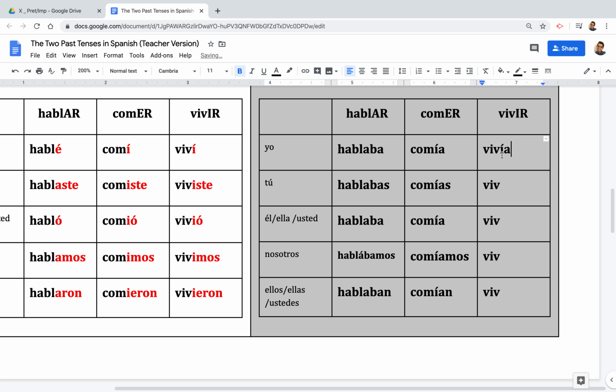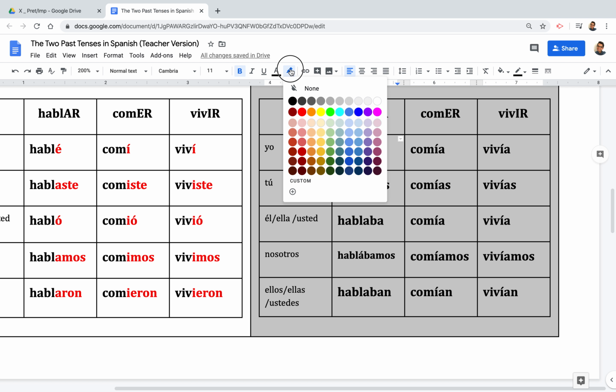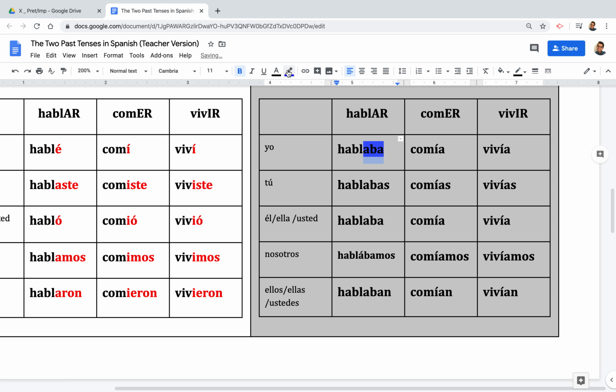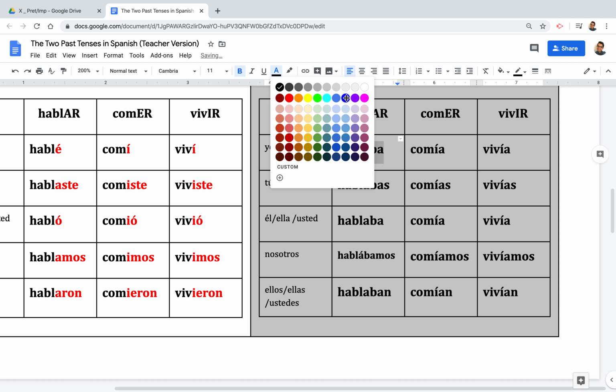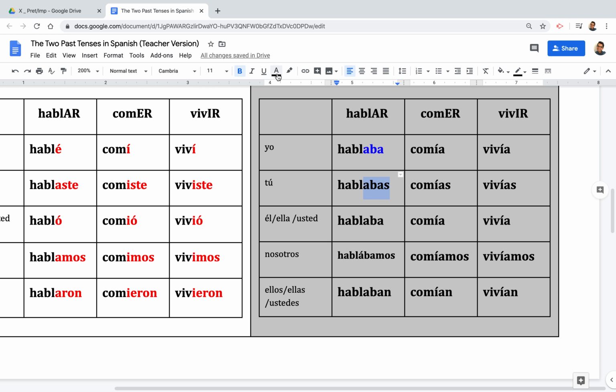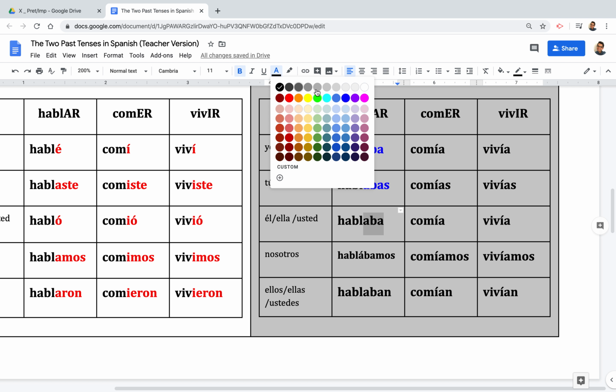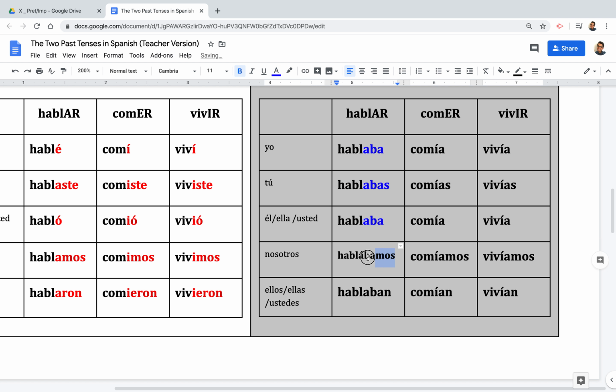Yo vivía, tú vivías, él, ella, usted vivía, nosotros vivíamos, ellos, ellas, ustedes vivían. I'm going to really quickly go ahead and highlight these in blue so that you can see the endings in the imperfecto. It also gives you some extra time to copy down as I am speaking.